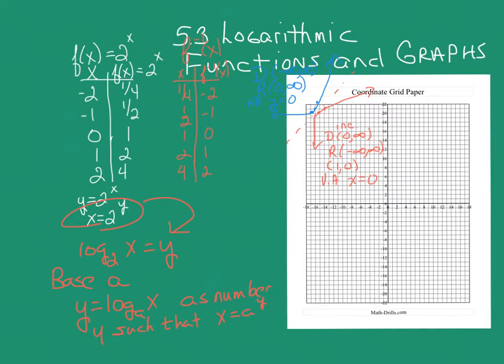That's why we say that a logarithm is an exponent. Notice the exponent is right there.